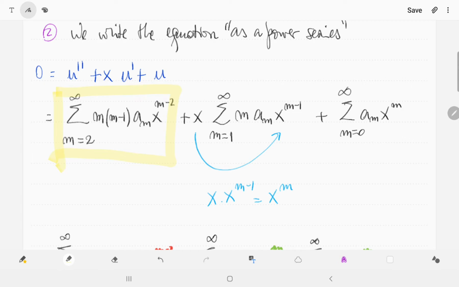So remember that we differentiate term by term. So if we differentiate this term, we get this one. And then if we differentiate this one, we get this one, where we have m minus 2 and this m times m minus 1 here.